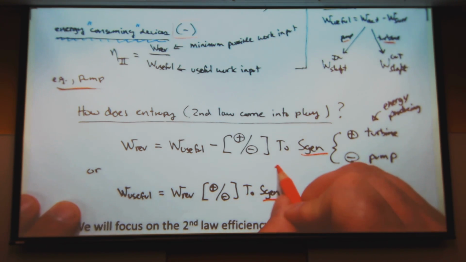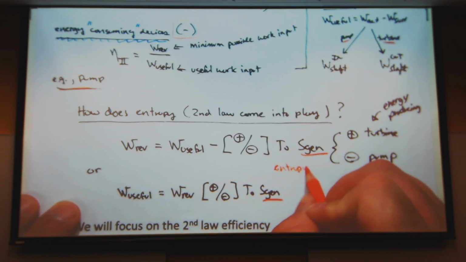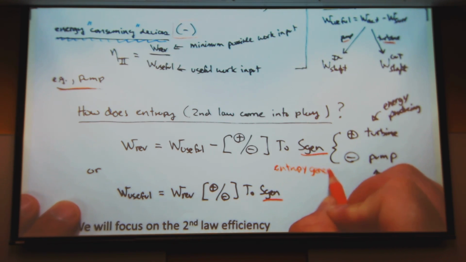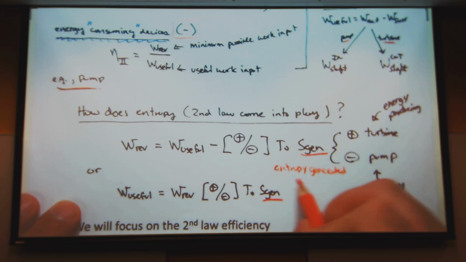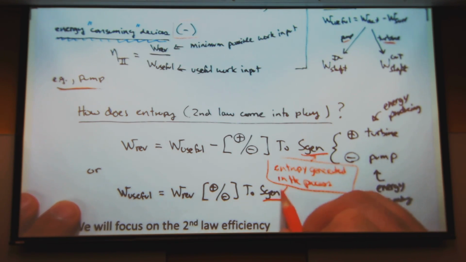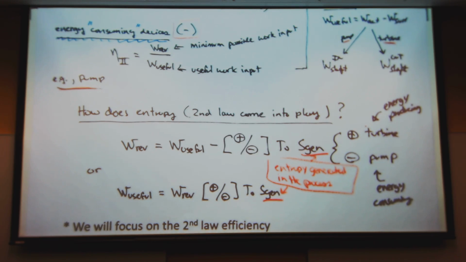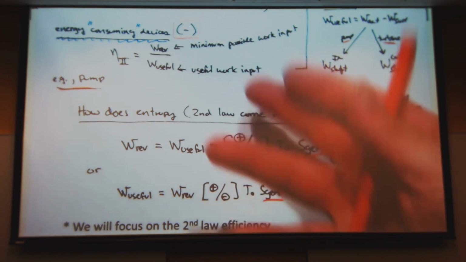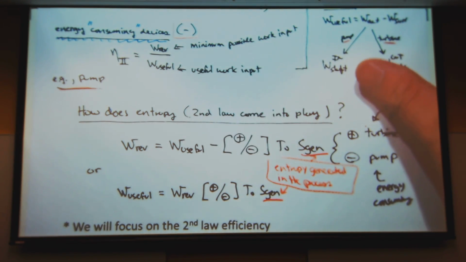So, entropy generated. We'll focus on this after chapter 7, but now you know that there's a second law efficiency instead of the first law efficiency.